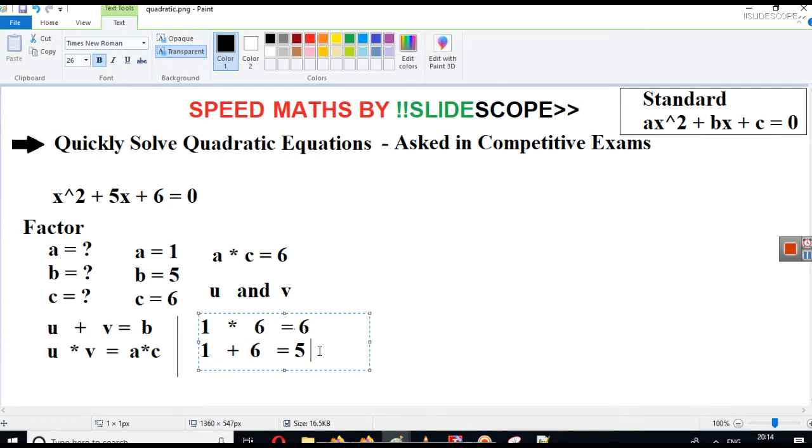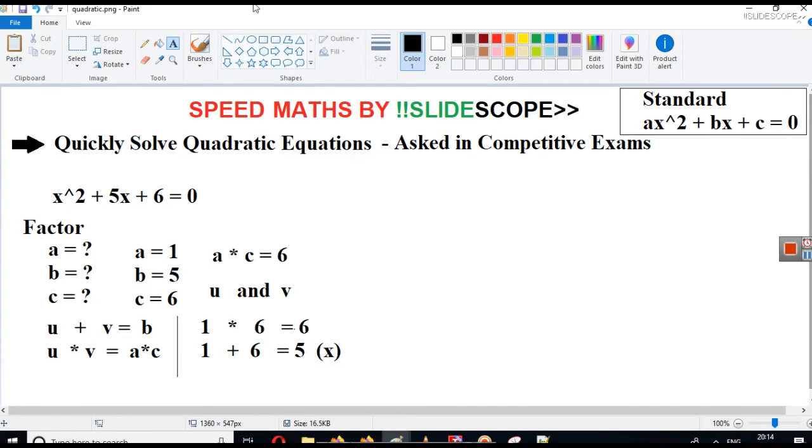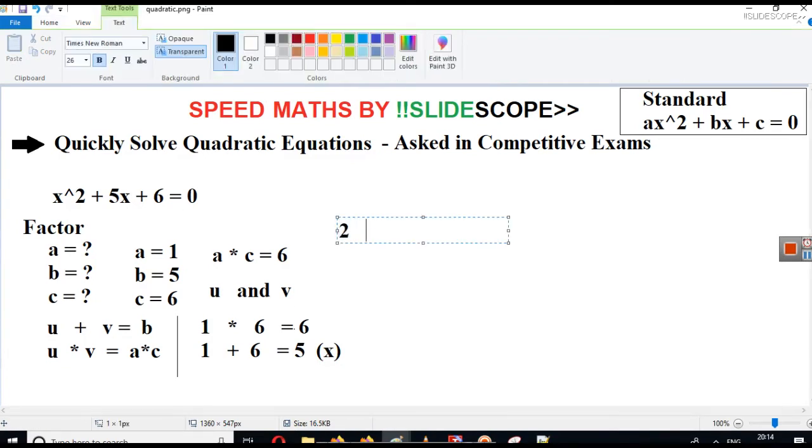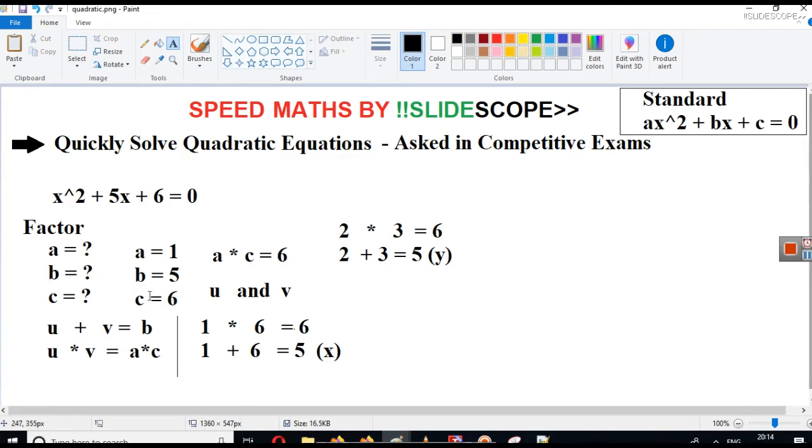This is wrong. That's why 1 and 6 cannot be the two possible factors. Now let's take another factor pair here. Let's say 2 and 3. So 2 multiplied by 3 is 6, and is 2 plus 3 equal to 5? Yes. So now we have got our two factors. First factor is 2 and second factor is 3.